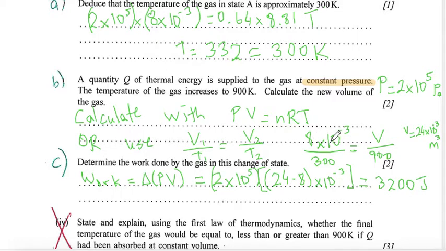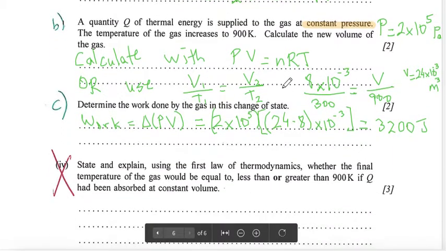We know this from the previous part, where temperature is 300. We know that from this question. New volume will be proportional to 900. Well, temperature is becoming 3 times bigger, so volume will also become 3 times bigger. Simply you can get 24 times 10 to the minus 3 meter cube.